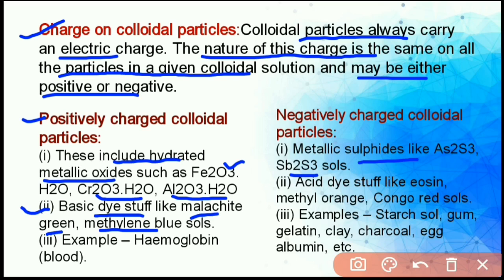Negatively charged colloidal particles include acid dye stuffs like eosin, methyl orange, and Congo red sols. An example of positively charged colloid is hemoglobin, and negatively charged colloidal particle examples are starch sol, gum, gelatin, clay, charcoal, egg albumin, etc.